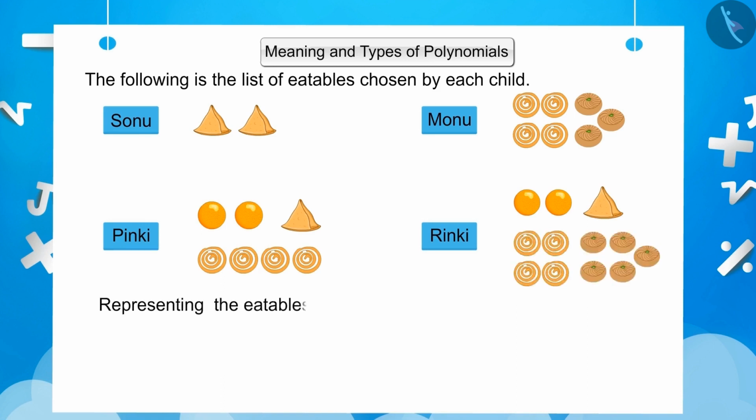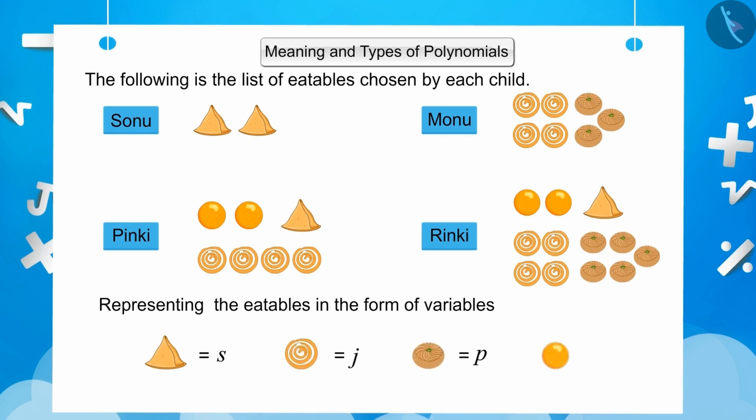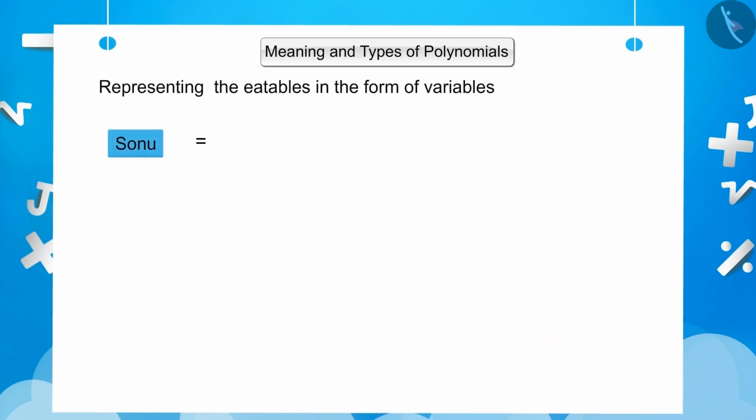Represent these eatables in the form of polynomials. Here, we represent samosas by variable s, jalebis are represented by j, pedas are represented by p, and laddus are represented by the variable l. Sonu, 2s. Monu, 4j, 3p. Pinky, 2l, 1s, 4j.